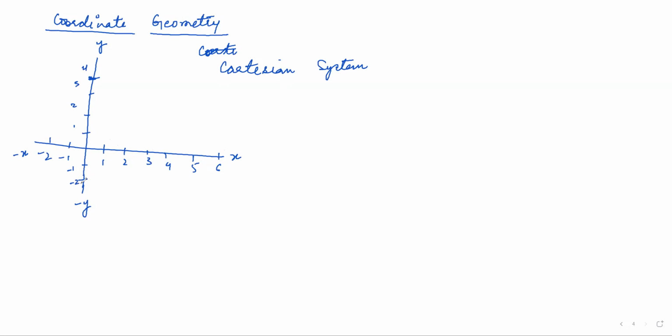Now, how to locate a point? If I'm calling a point, for example, 2 and 3, let's say, that means this 2 is actually the x coordinate of this point, and this 3 is actually the y coordinate of this point.